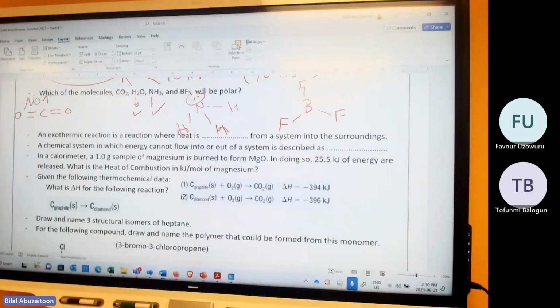Like this is what? Closed. No matter can leave. But it was very cold in the morning, now it is not cold. That means energy was lost. So a closed system can let energy be lost or gained, while the isolated system cannot let neither energy nor matter leave or be gained. Like what?